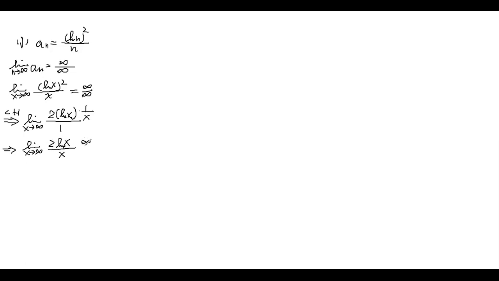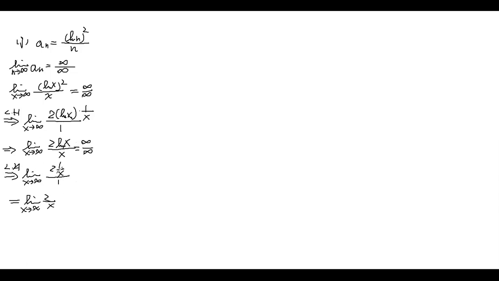You put in infinity again. So what happened? You still got infinity over infinity. So what do I need to do? I need to use L'Hopital's rule one more time, right? Now the derivative on the bottom is 1. The derivative on the top is 1 over x. Now this becomes the limit as x approaches infinity of 2 over x.